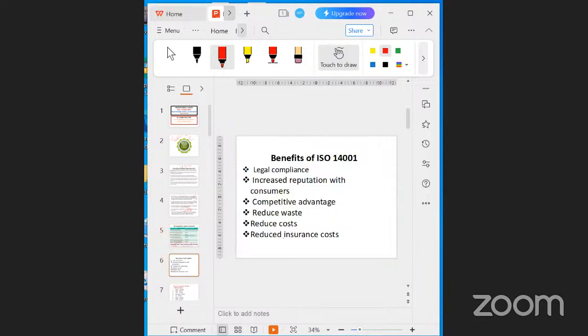Now, what are the benefits of ISO 14001? They are legal compliance, increased reputation with consumers, competitive advantage, reduced waste, reduced cost, and reduced insurance cost.